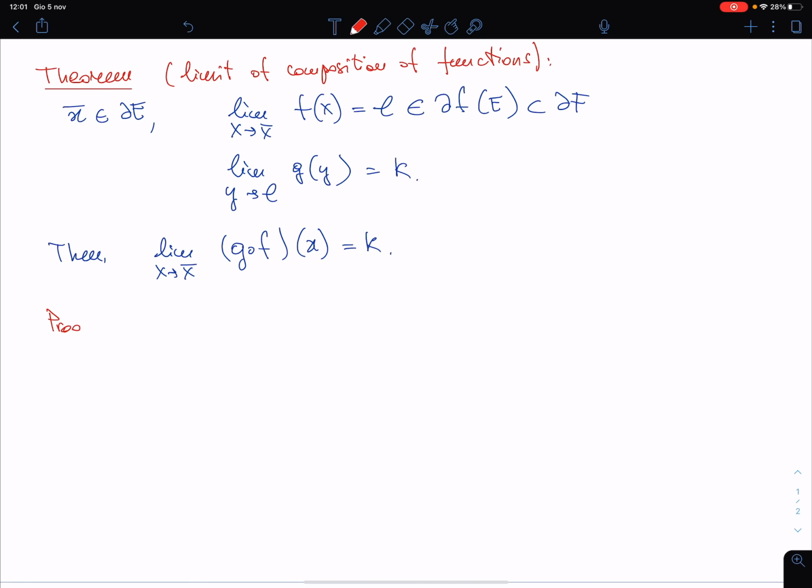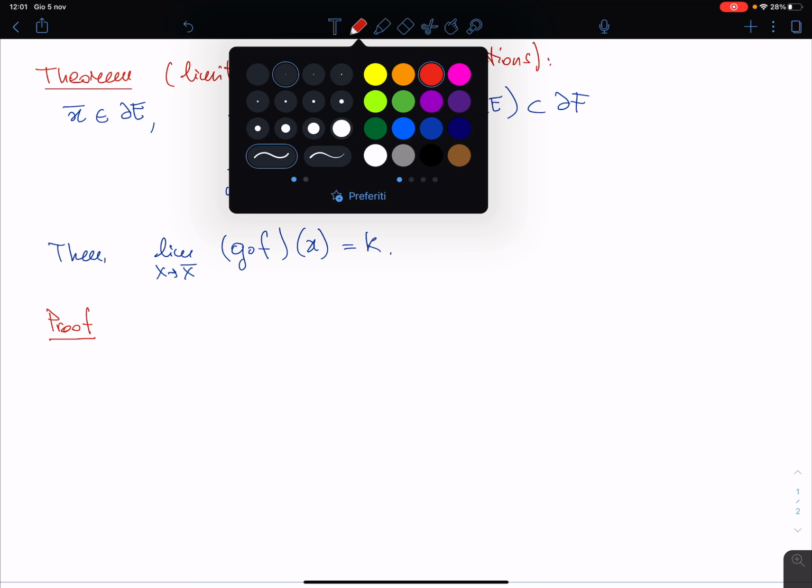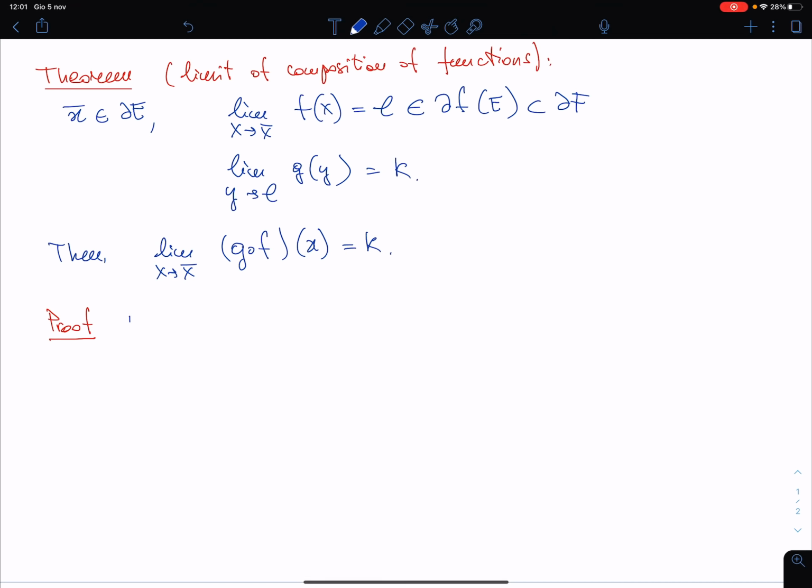So here we have the proof, and we say let xn be an arbitrary sequence that fulfills the following features.